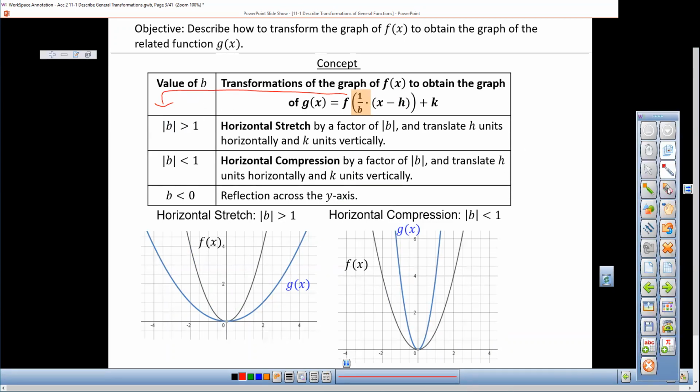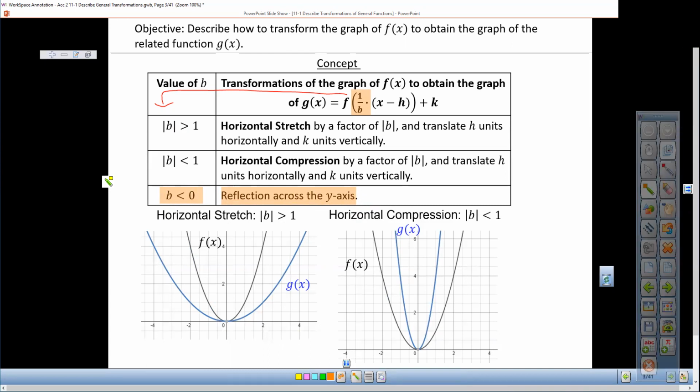We look at if b is negative, we have a reflection now across the y-axis, which is a horizontal reflection, a left to right reflection. Then we also, just like with A, look at the absolute value of B and compare it to 1.